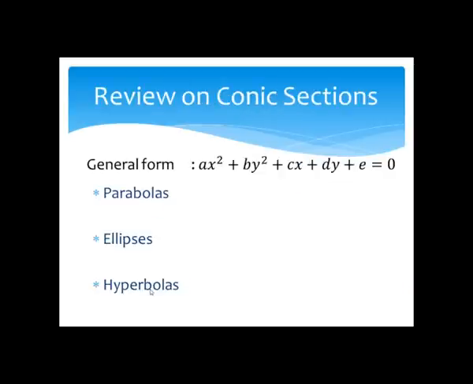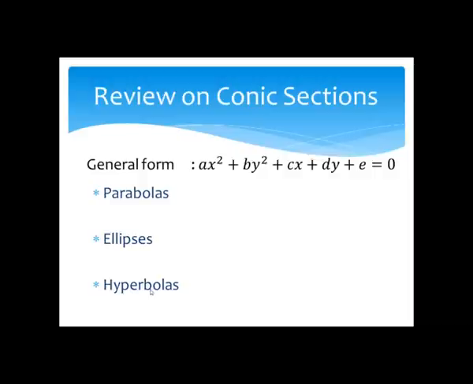Now we have a short review on conic sections. The general form is ax squared plus by squared plus cx plus dy plus e equal to 0. Actually, in this section, we are not interested in the cx and the dy.